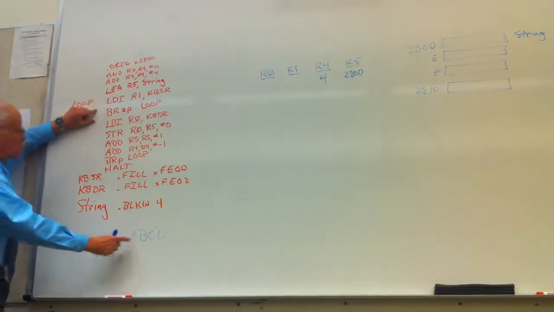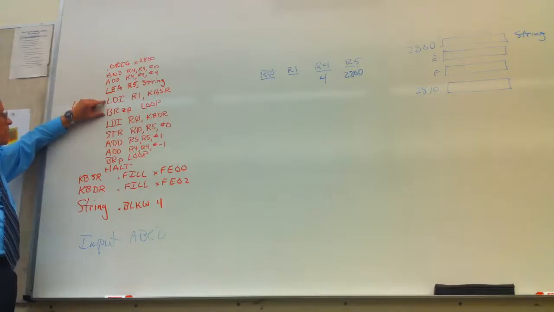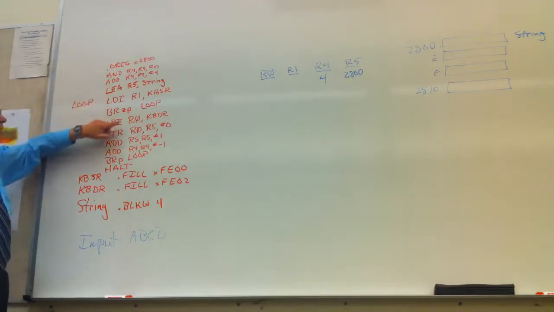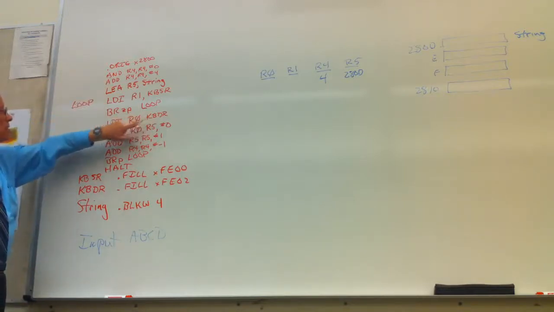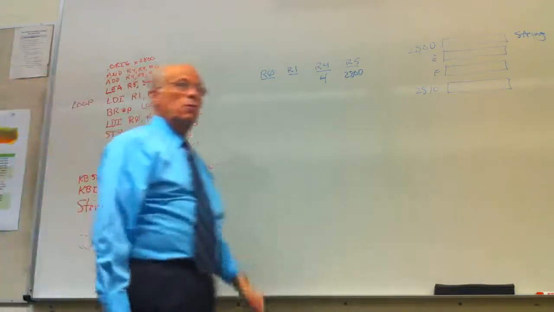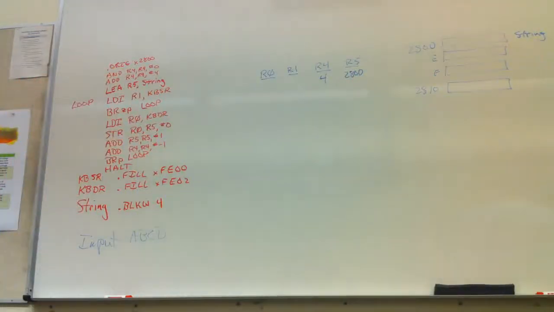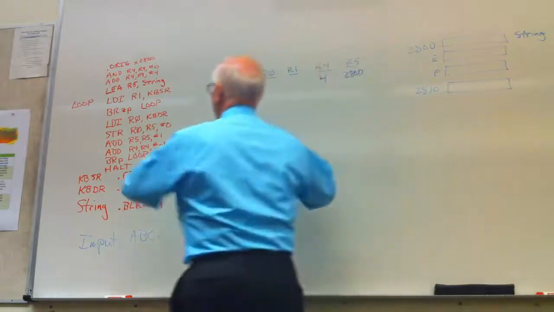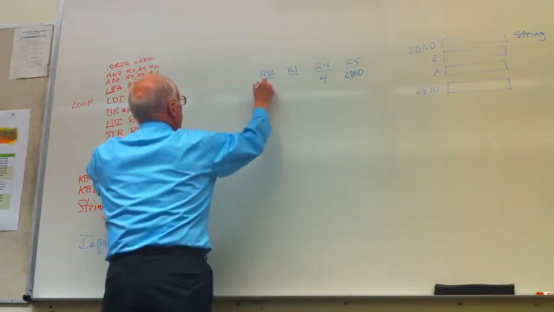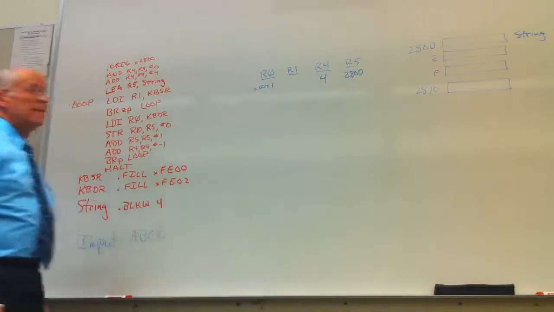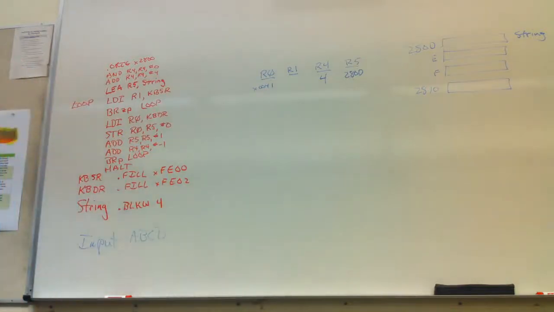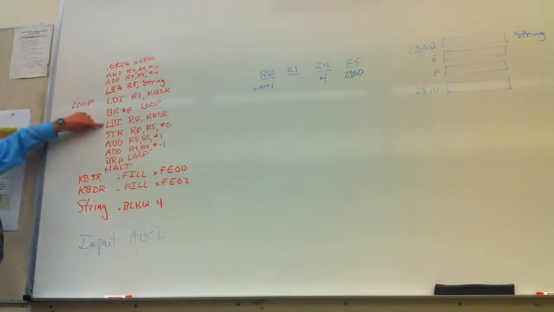Okay, the first one gets pushed, the uppercase A. We load from our keyboard data register into register 0. What we get is the ASCII code for A, which in hex is a 41. Okay, so we get that into there.